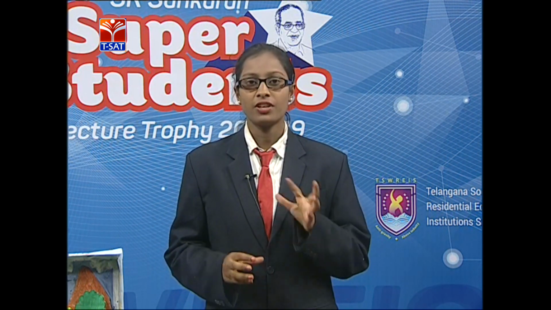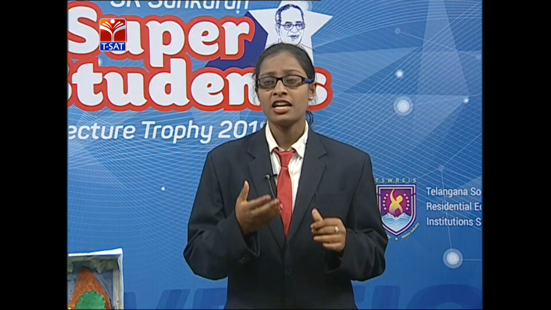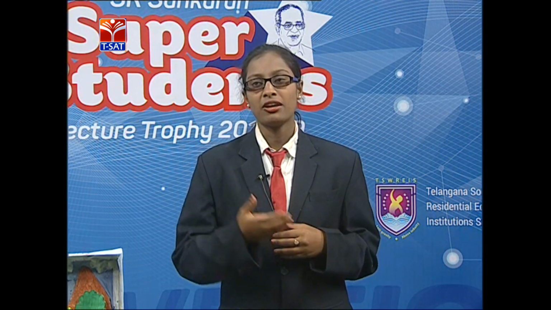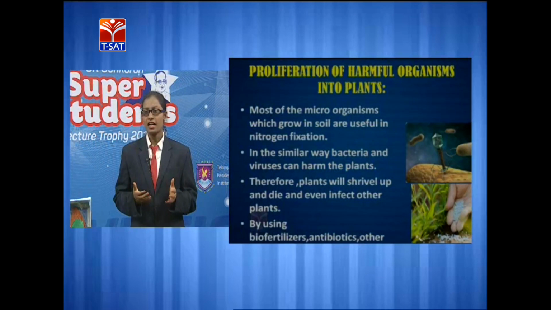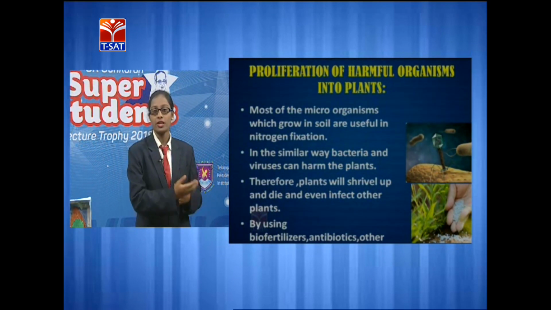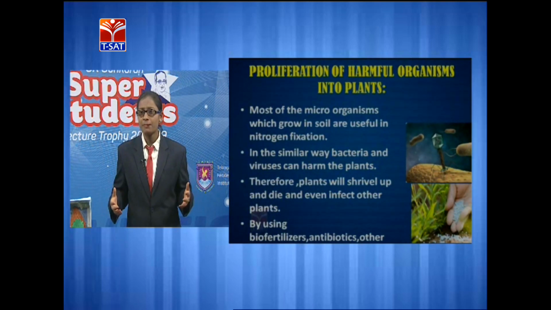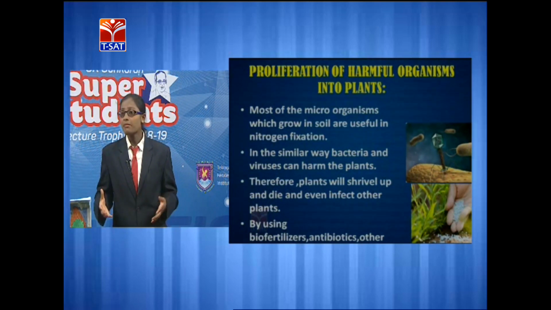So far we have learned that most of the organisms which grow in the soil are useful for nitrogen fixation. In a similar way, bacteria and viruses can also harm the plants, because when you cut a tree and then with that same axe cut another tree, microorganisms from this tree can spread to other trees, so that microorganisms will develop and may harm the plants.